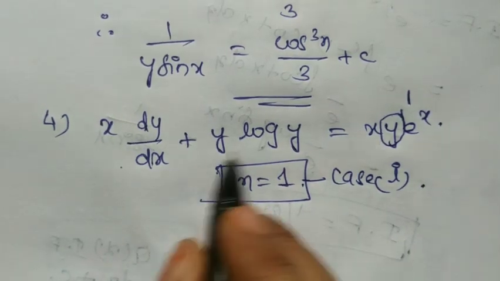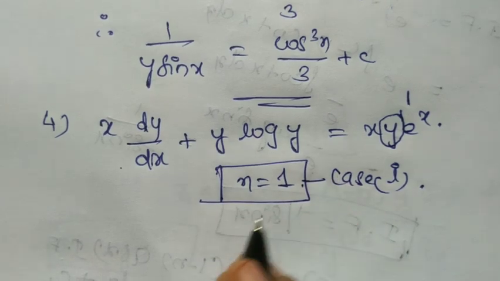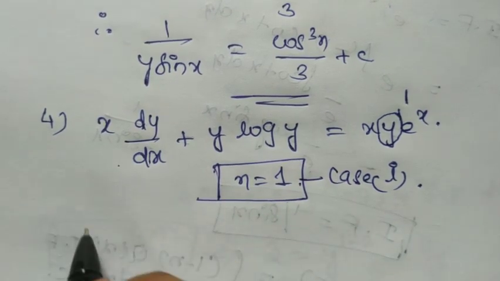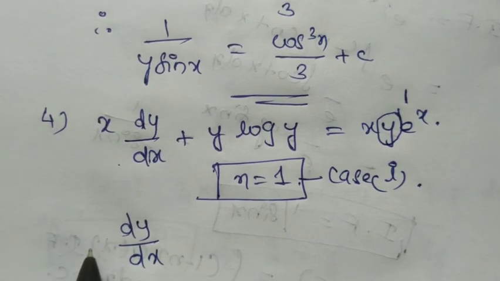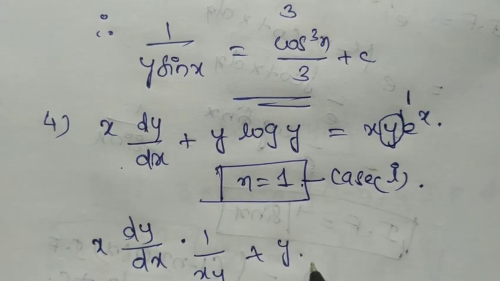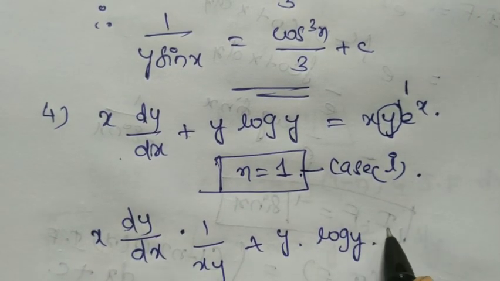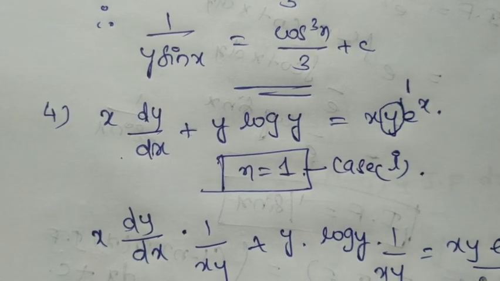So therefore divide the equation by xy on both sides. So here dy by dx into 1 by xy plus y into log y into 1 by xy equal to xy e power x by xy.